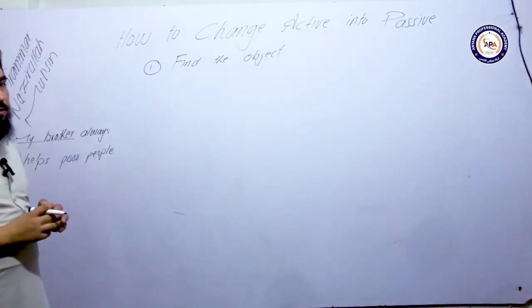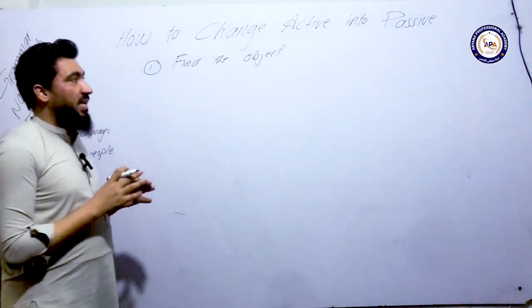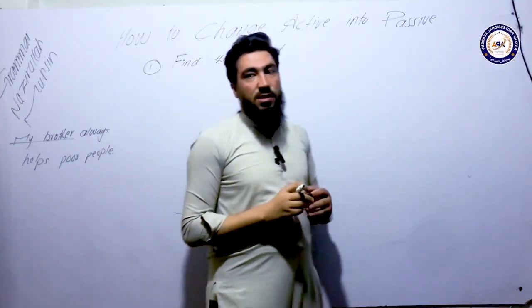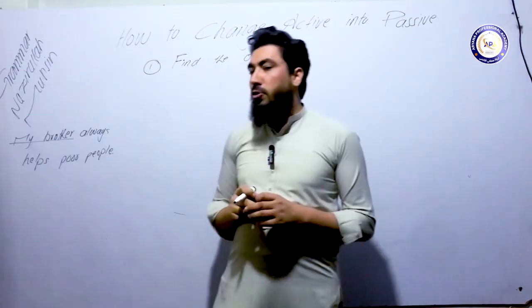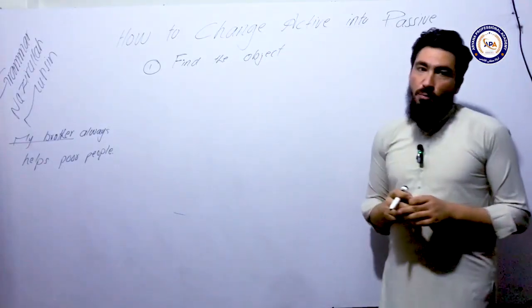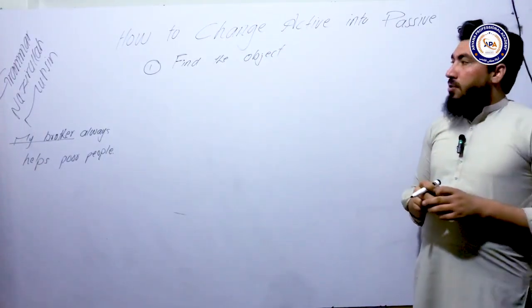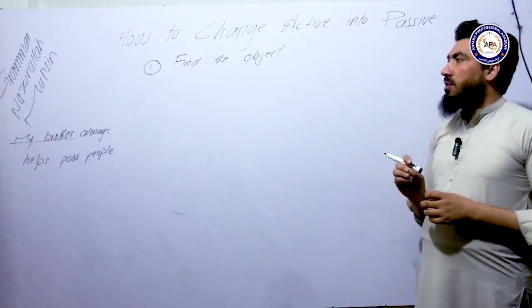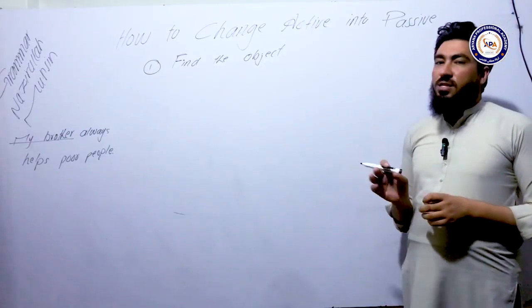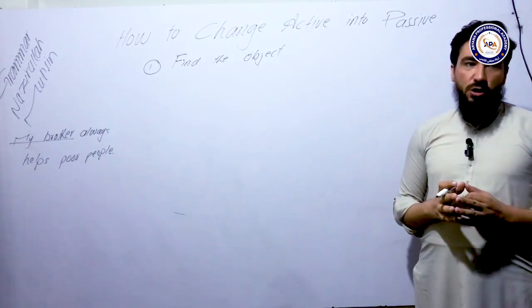What it means is, if there is not any object in a sentence, then it is impossible to change the sentence into passive, right? So the first and the most important thing while changing an active voice sentence into passive is to find the object.